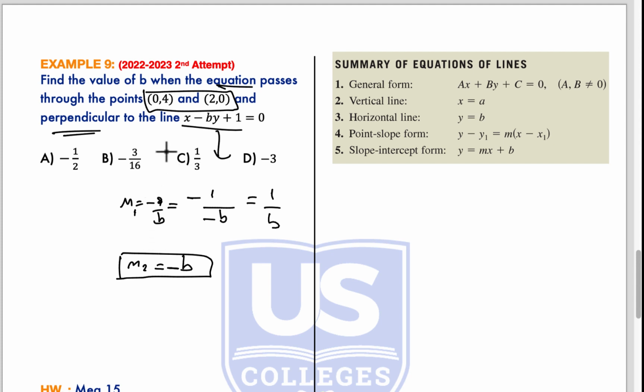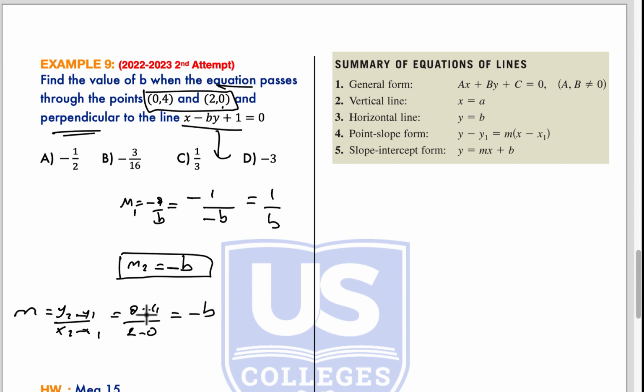So the new line is passing through these 2 points. As we did in the partial test question, you know the slope if 2 points are given: y2 minus y1 over x2 minus x1. y2, 0 minus 4, divided by x2, 2 minus 0, is equal to negative b.